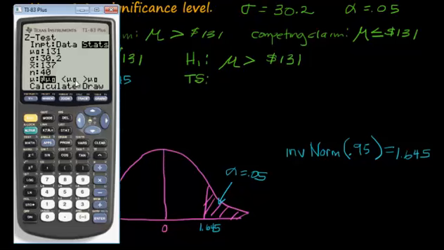And now we need to indicate what the alternate hypothesis was, or what kind of test did we have. And it's the right-tailed test. Highlight the right-tailed test, and now we're ready to calculate.